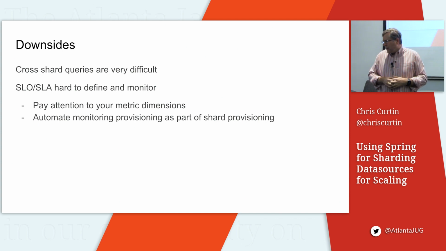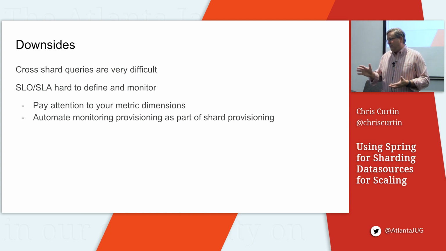What do I do? The biggest piece of advice I've got here is to pay attention to what your dimensions are in your metrics. Include your shard key in it. If not the shard key, at least the data source that you're connecting to, so you can build a query against your Splunk or other tools to say, hey, what is going on in this particular instance, or which particular instance is the one that's having problems?